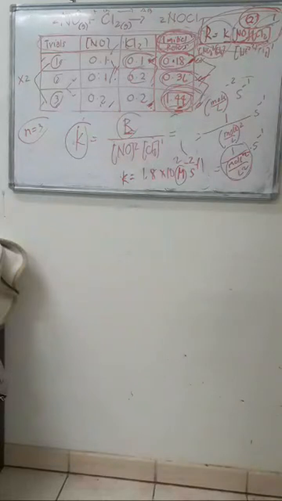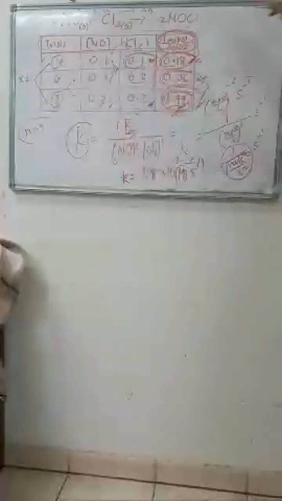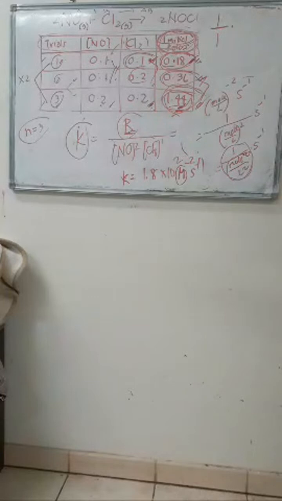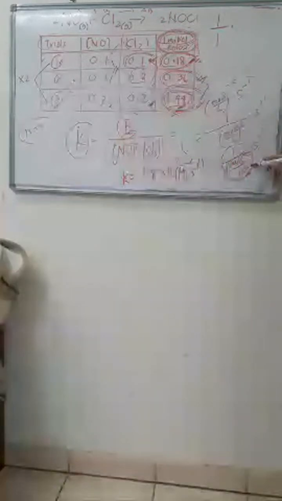So in math you can do it this way: you take 1 over 1. In dealing with fractions, 1 is 1 over 1, because you cannot manipulate it otherwise. You get the point? So 1 over 1 times this one component, mole squared over liter squared. This will reverse it, following the rule in mathematics.